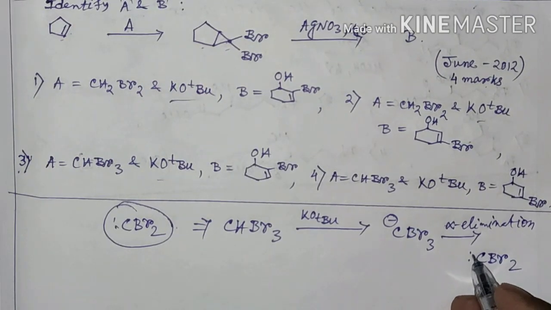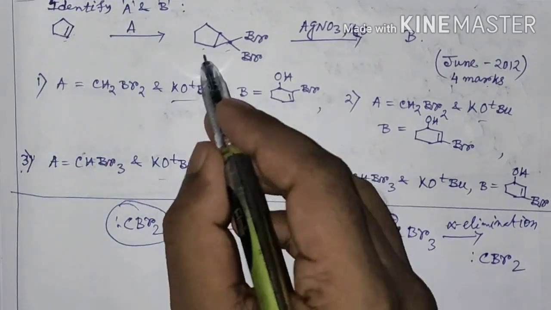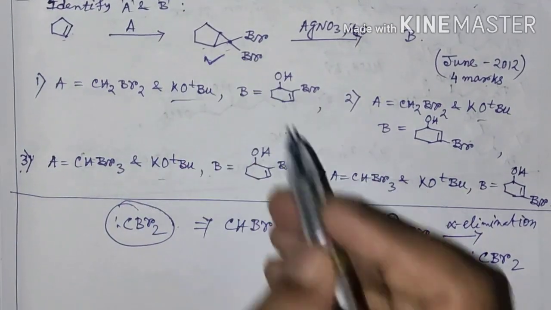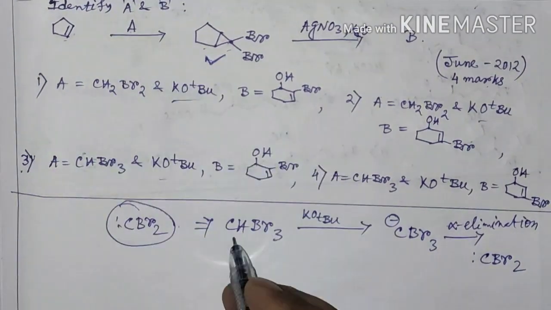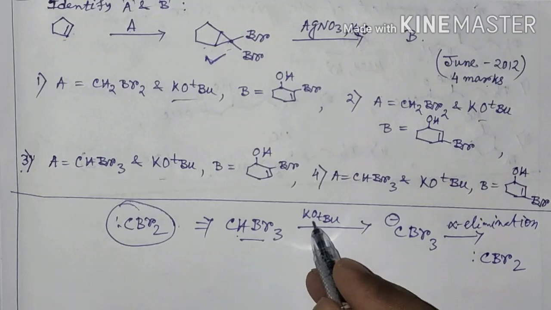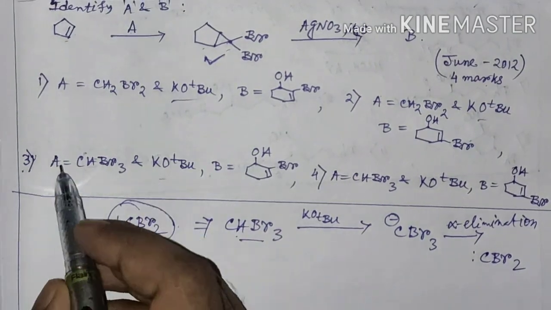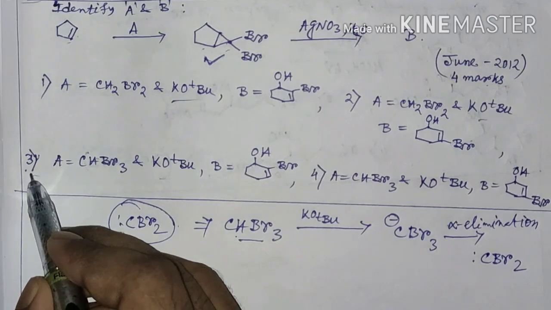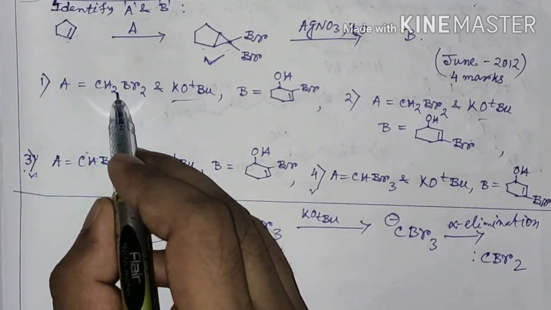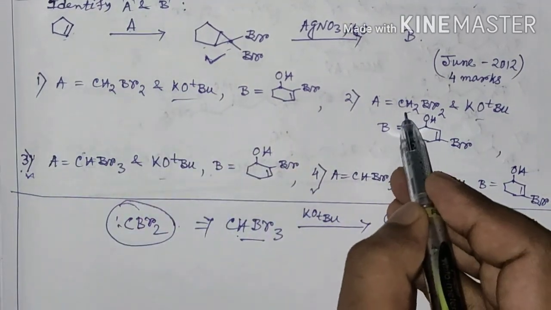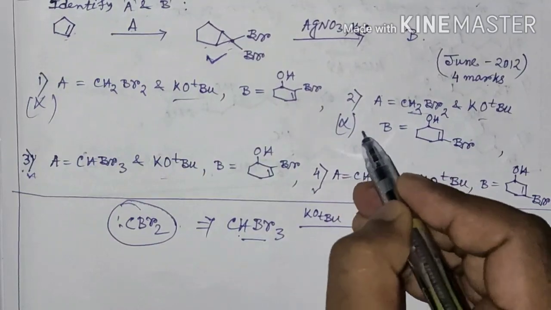Now this carbene species can add to this double bond to form this cyclopropane ring species. So the first condition A is CHBr3 plus potassium tertiary butoxide. So from the options we can see that between 3 and 4 will be the answer, since it is CH2Br2 and in this case also CH2Br2. So 1 and 2 are not possible.